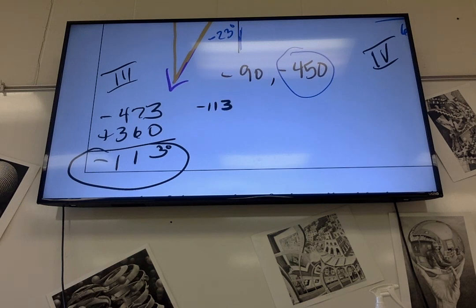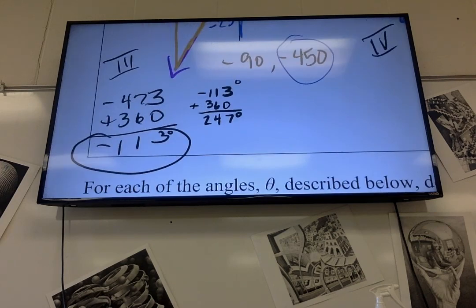Then if I take negative 113 degrees and I keep adding 360, because all I'm doing is adding a circle, I'm just rotating around again. If I add 360, I do believe, make sure I did that right. Yep, I get positive 247.